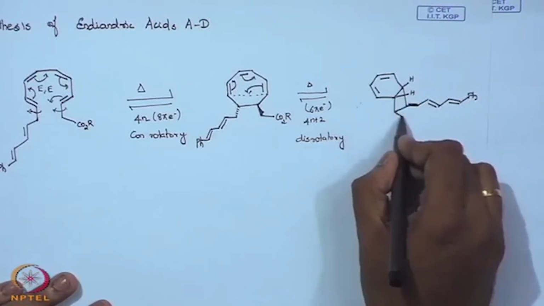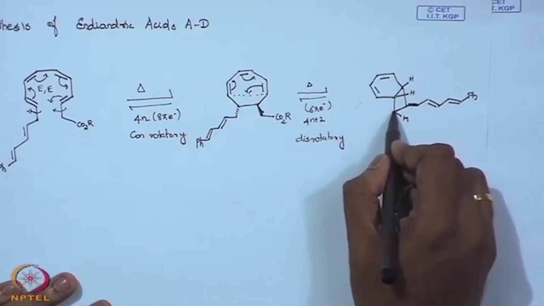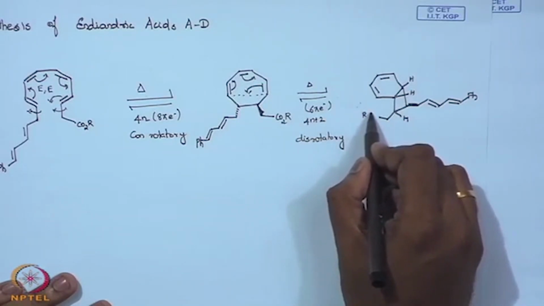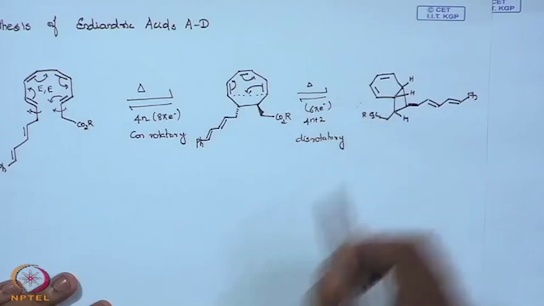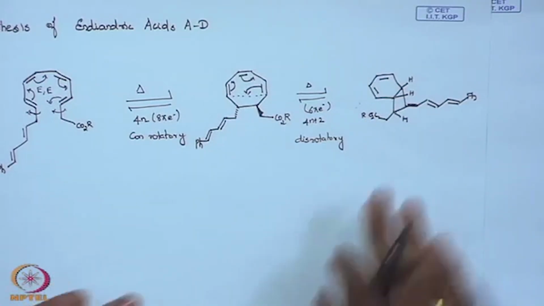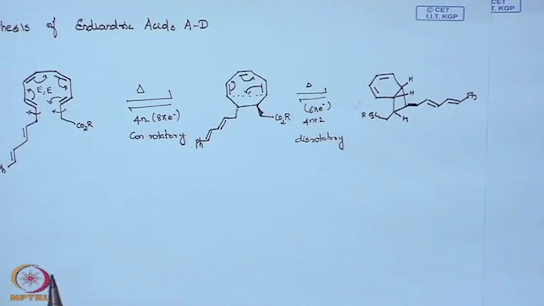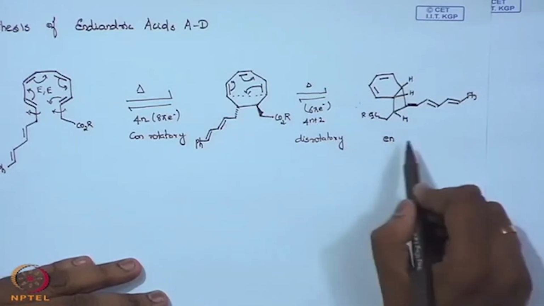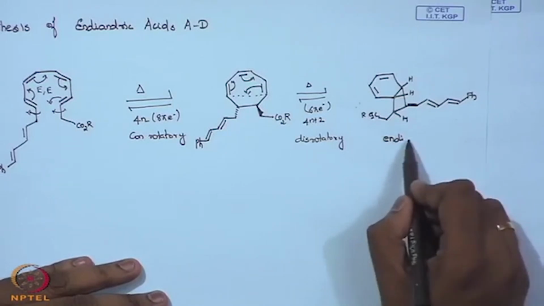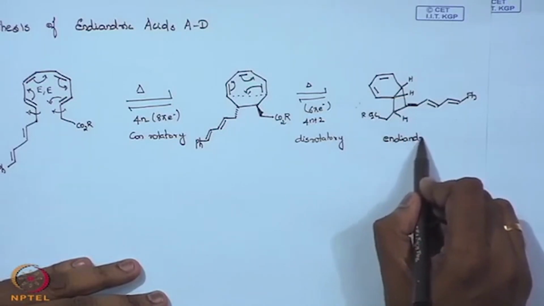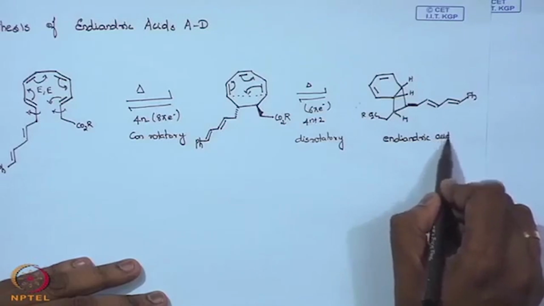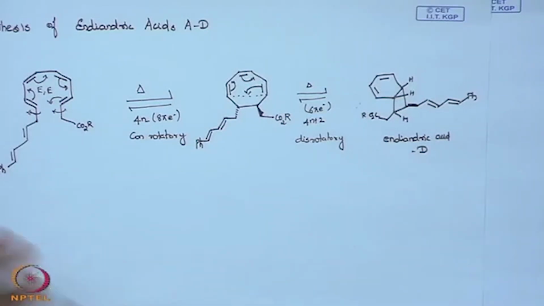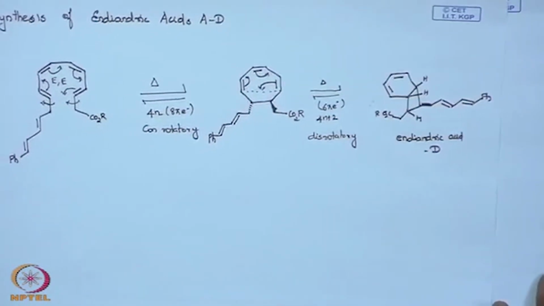And then you have a hydrogen, and you have RO2C. So you have your acid. So you get this product. Fine. You can call this endandric acid. Okay, endandric acid D.